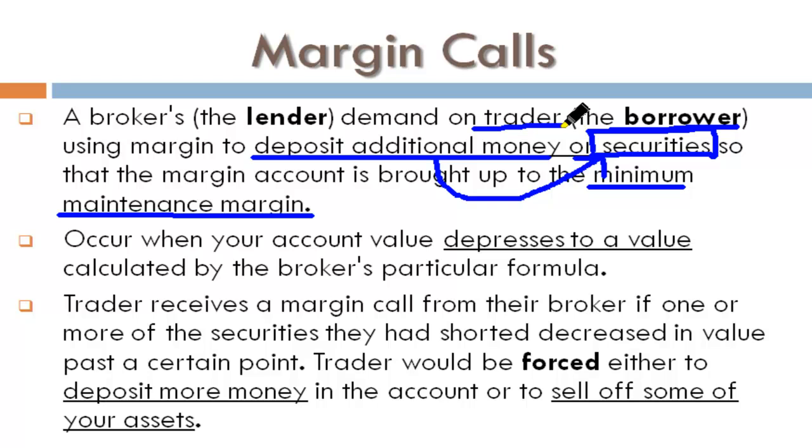If one or more of these securities they had shorted decreased in value past a certain point, the trader will be forced, so keyword here, they don't have any option, to either deposit more money, which we've already talked about, or they're going to have to sell off some of their assets. And in this case, their assets are going to be their stocks. And selling off assets, meaning to increase their money in their account. In this case, because they're short, they're not going to have to sell off stuff, but they're going to have to start buying to cover their shorts.